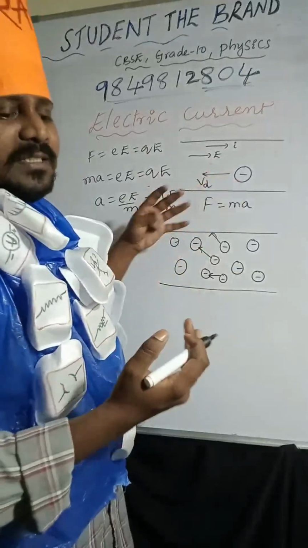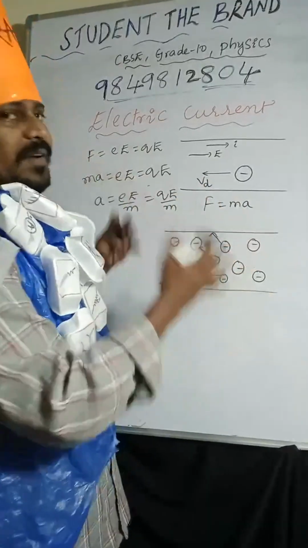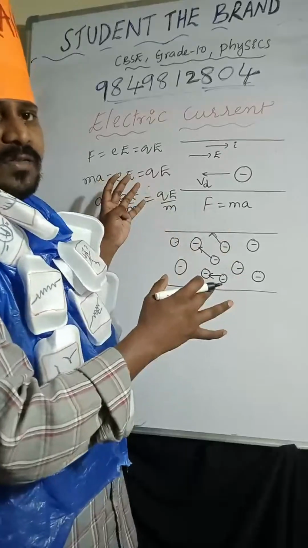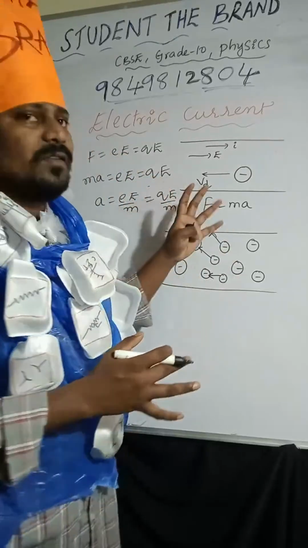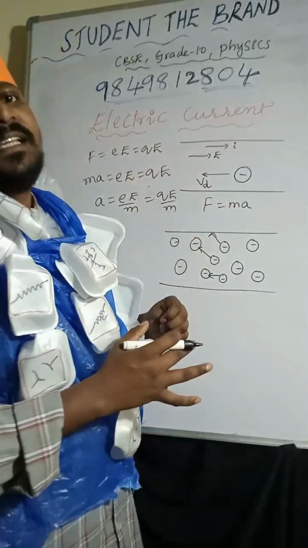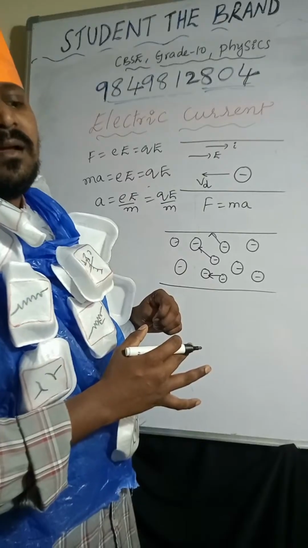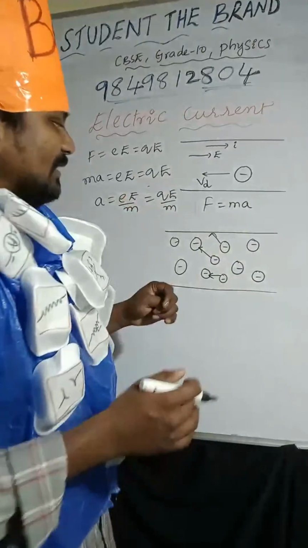After each collision, velocity changes. Then the average velocity of an electron is called drift velocity.